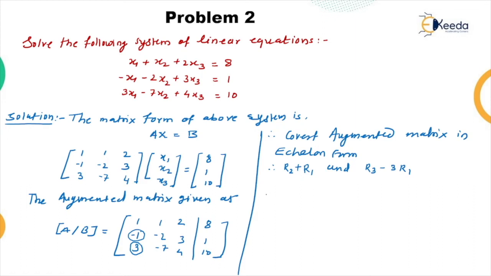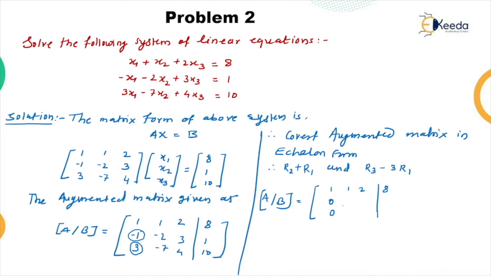So this augmented matrix becomes, I am writing it now in this way. Nothing is changed in the first row, that is 1 1 2 and 8. After making this row transformation, the first column has two elements as 0.